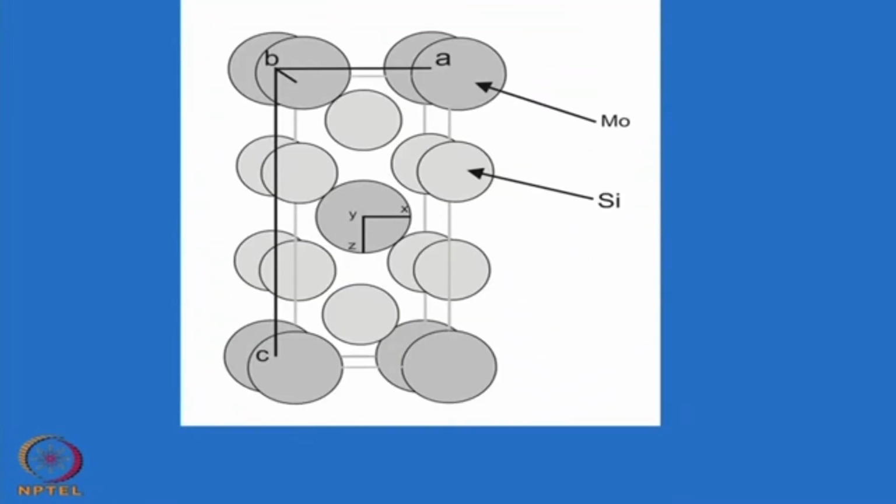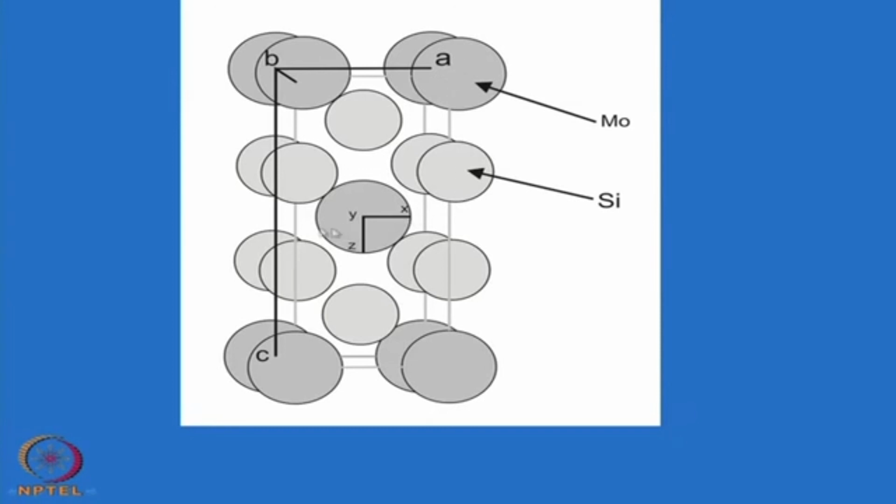This is another non-oxide ceramic, molybdenum disilicide, molybdenum and silicon. Here again the size difference is different. Molybdenum has a larger size than silicon. Okay.